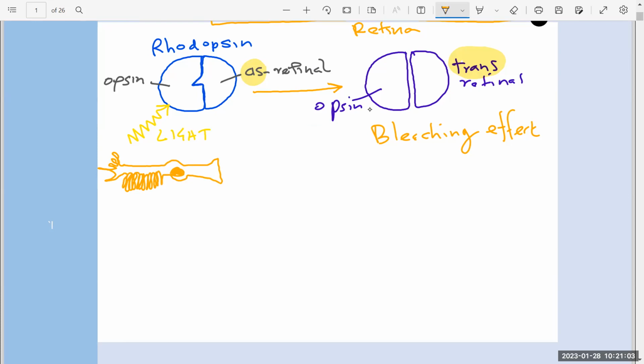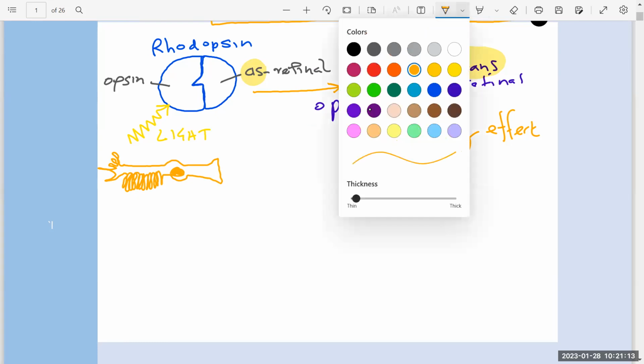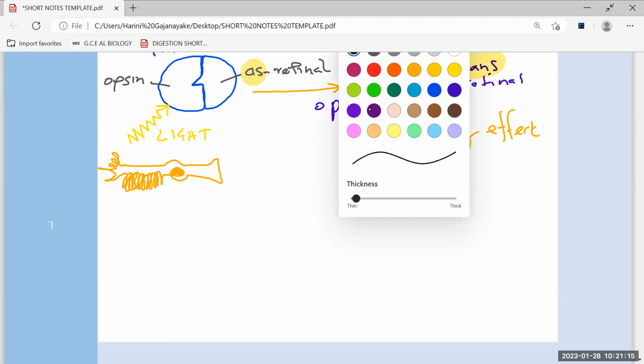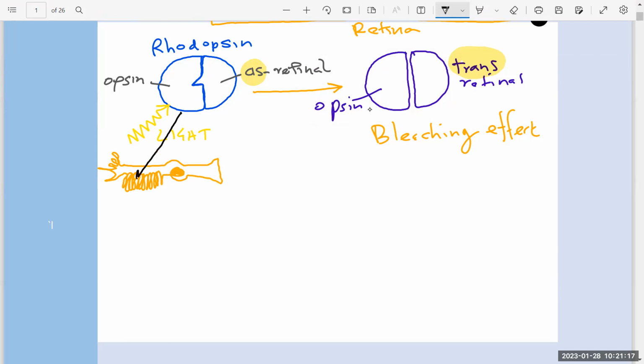Now these pigments are located in this folded membrane, right? So rhodopsin is located on the cell membrane.